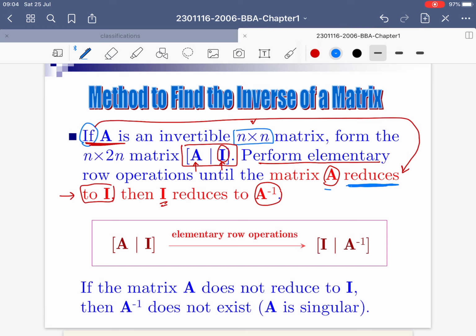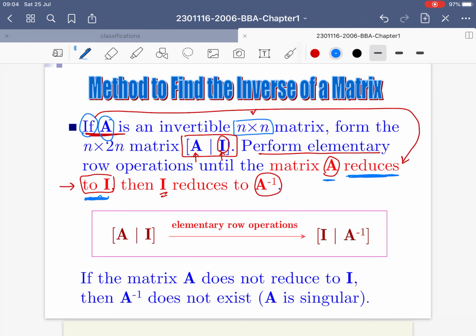Each and every matrix A can be reduced, but if your A is invertible, it will reduce to the identity. If not, then it reduces to something else. As I told you, if it is not reduced to the identity matrix I, it means that your A inverse does not exist and your A is a singular matrix.